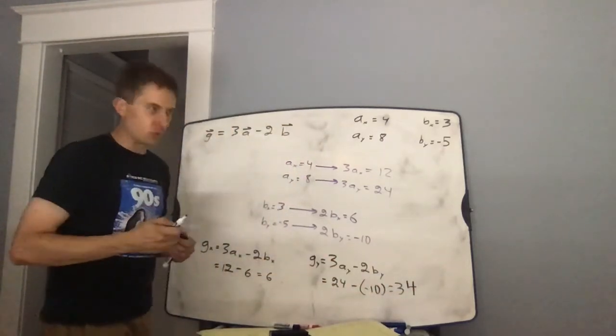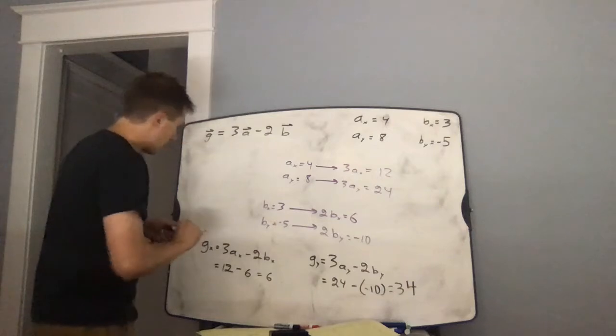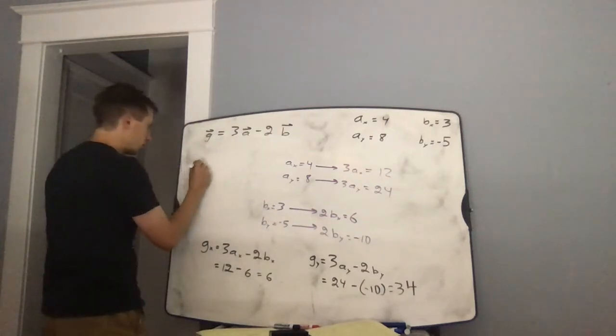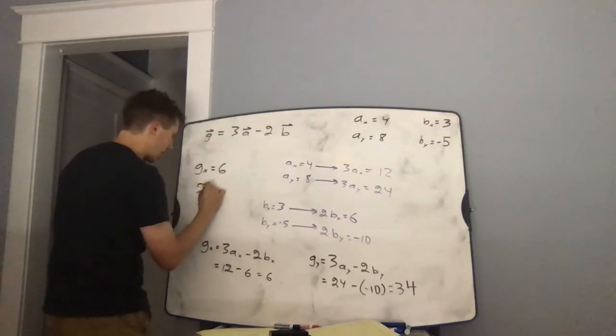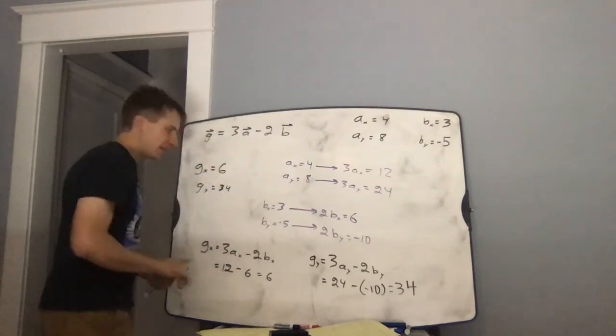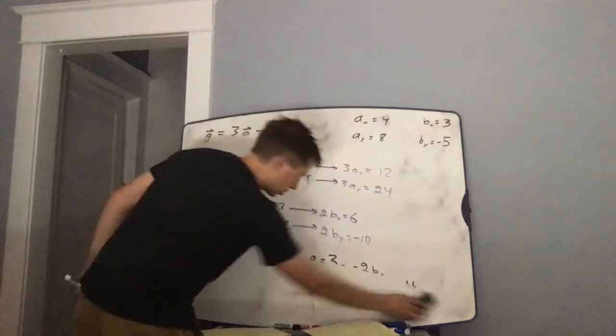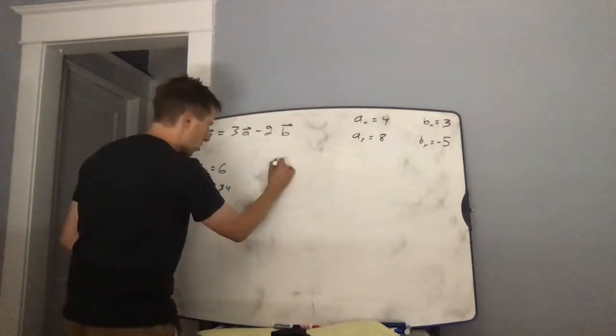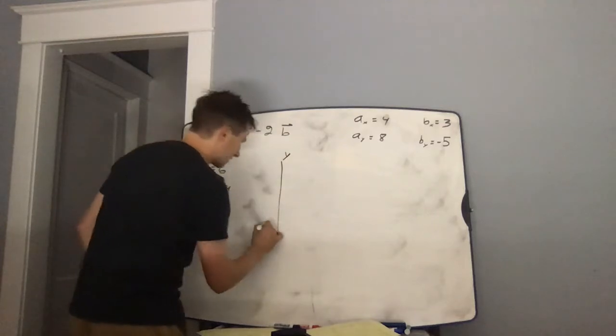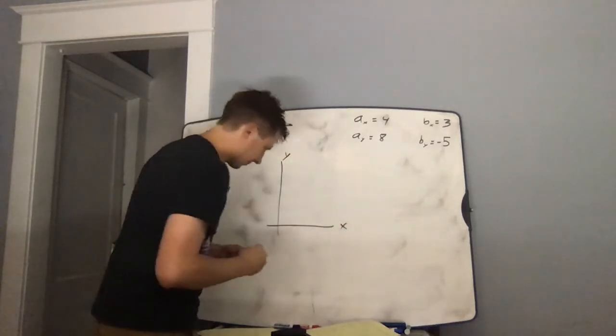So if I were to draw this vector, I would say gx is equal to 6, gy is equal to 34. And now I have enough information to go ahead and draw this. I know what the components of vector g are. So here is my y-axis and my x-axis.